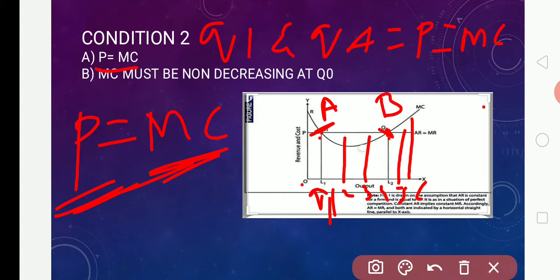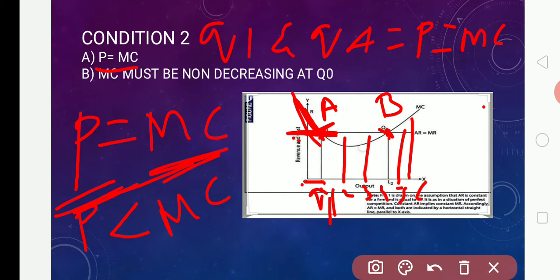See here, before Q1 the marginal cost is above and the price line is here. Here the price is lesser than marginal cost. What will happen to the firm? The firm will attain a loss.